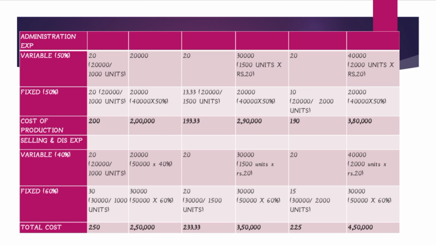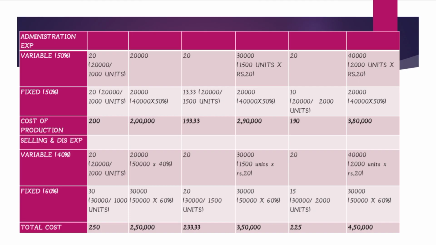So moving to the flexible part, the balance 40% will be flexible. From the 50,000, the 40% will be 20,000. So 20,000 divided by 1000 units, the rupees per unit will be 20. It will be common for all the capacity levels.